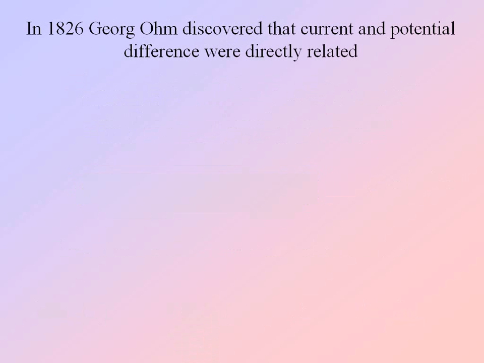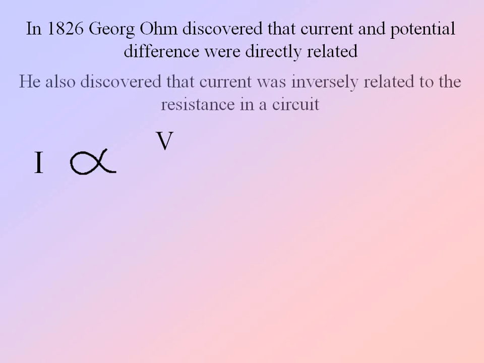In 1826, George Ohm discovered that current and potential difference were directly related. That is, the current I is directly related to the potential difference. If the potential difference increases, so does the current. He also discovered that current was inversely related to the resistance.